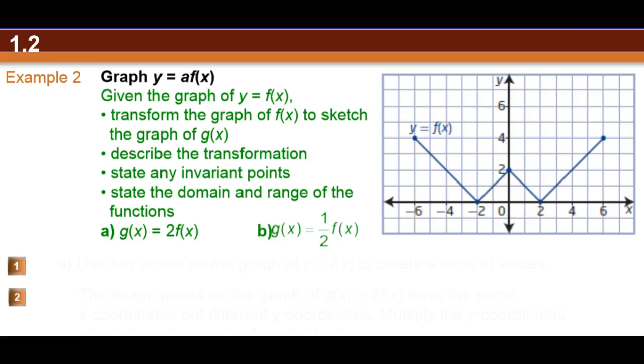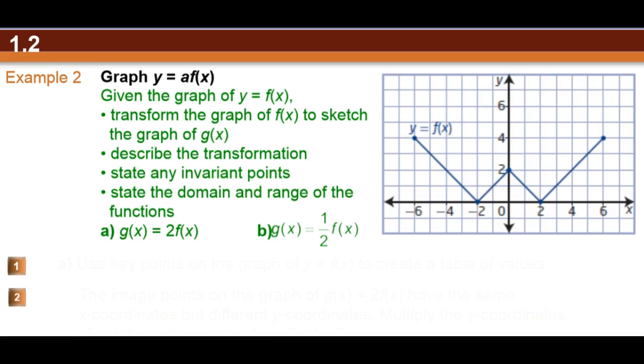If I was listing my points for the original picture, I'll make my table, and my points were -6 and 4, -2 and 0, 0 and 2, 2 and 0, and 6 and 4. Those are my points that make up that W shape.